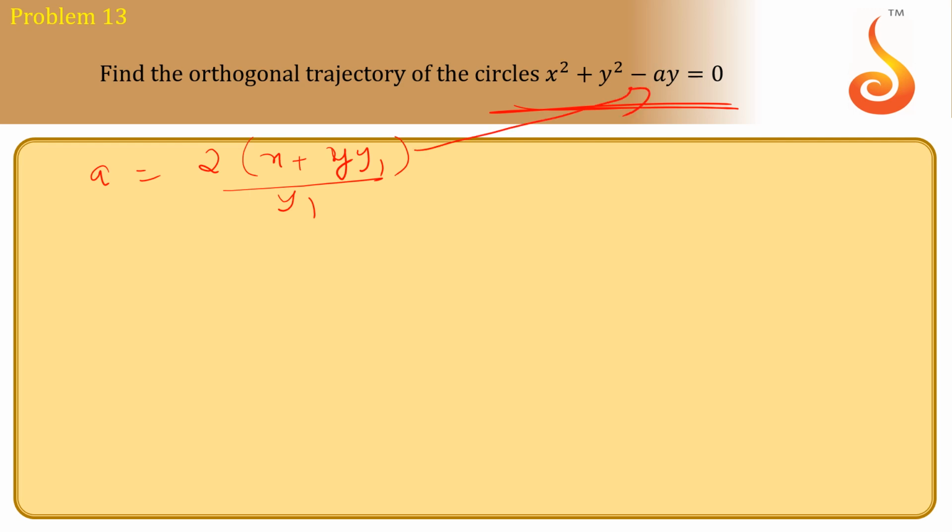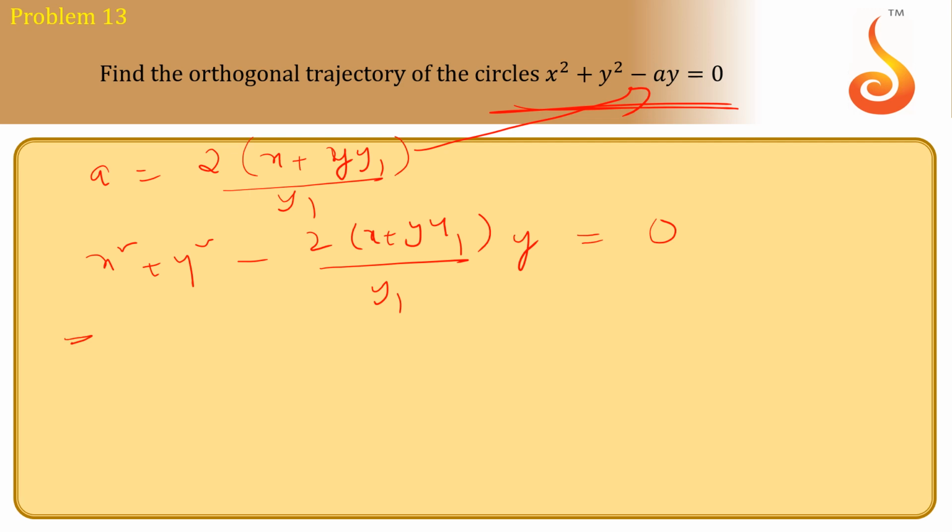So substitute this a in the given equation. Then you will get x square plus y square minus 2 times (x plus y y1) by y1 into y equal to 0. So in the place of a I substitute.